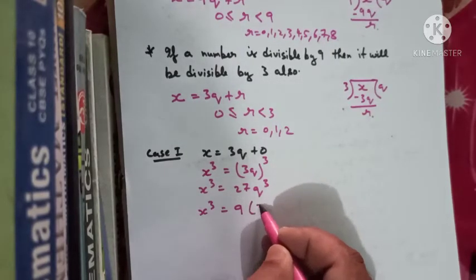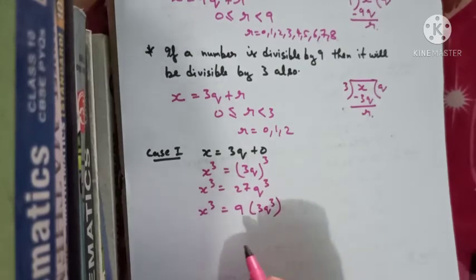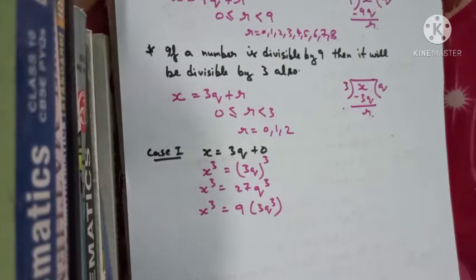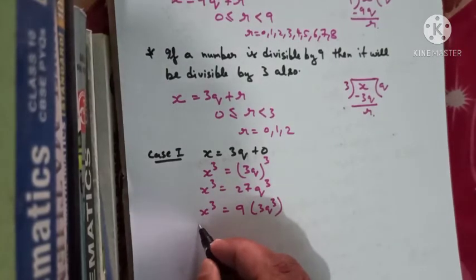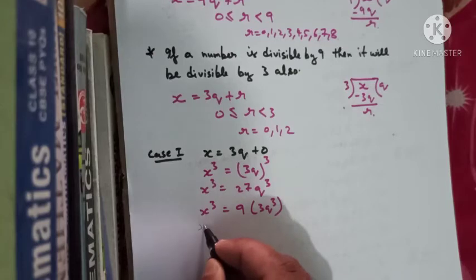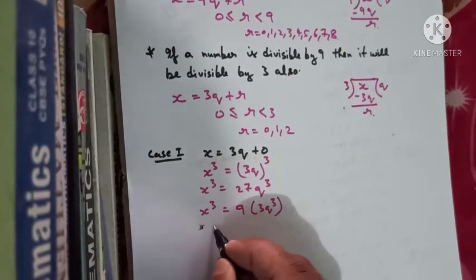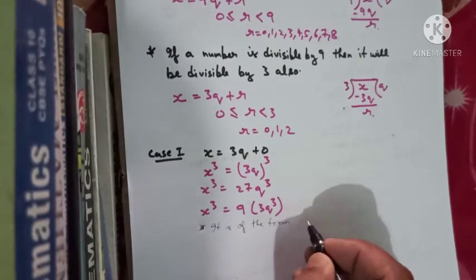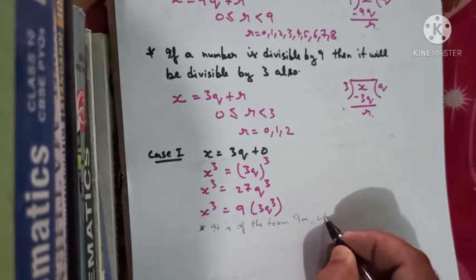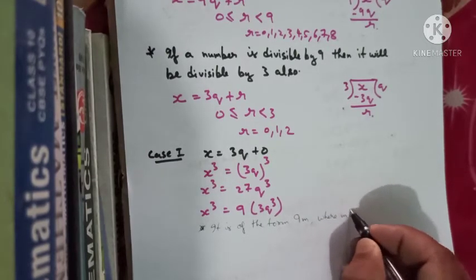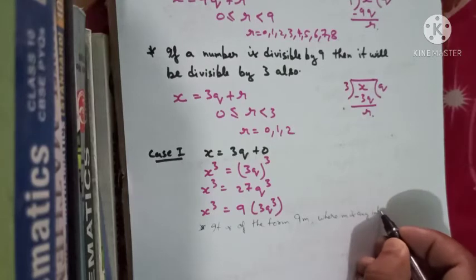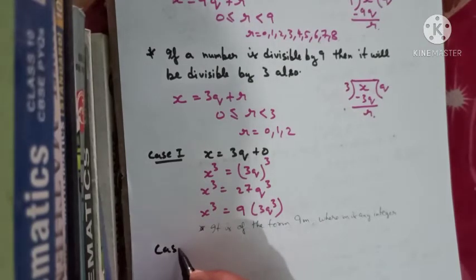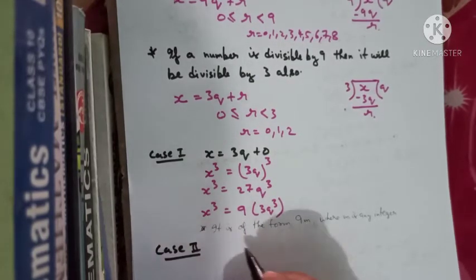Where 3q cube we will consider as an integer m, so we can say that x cube is of the form 9m, where m is any integer.